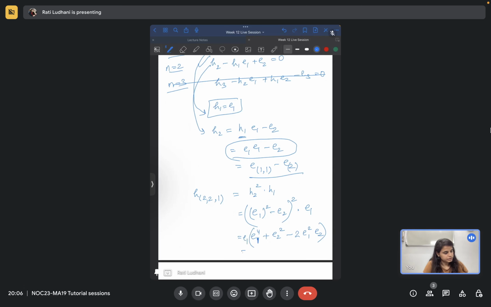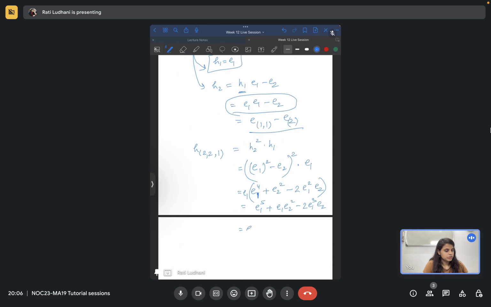So I'll just write e1 power 5 plus e2 square e1 minus 2 e1 cubed e2. Now we can write it as e of 5 times 1, plus e1 e of 2 times 2, comma 2, minus 2 into e3 of 1 and e2. Yeah, exactly. Very good.